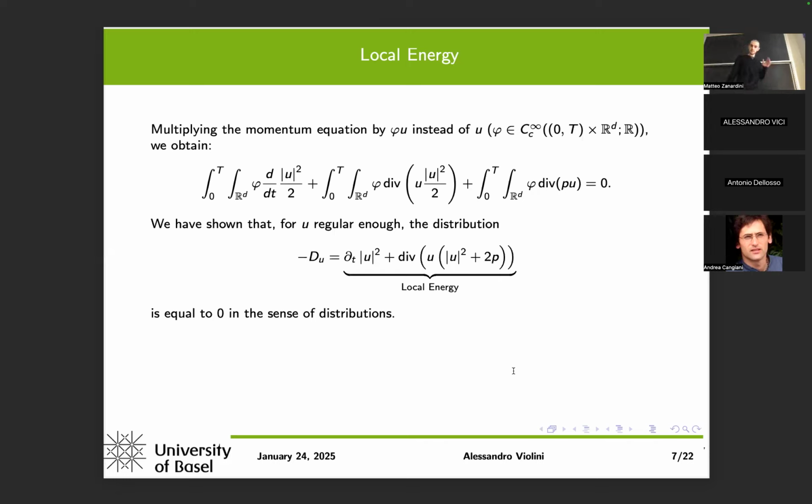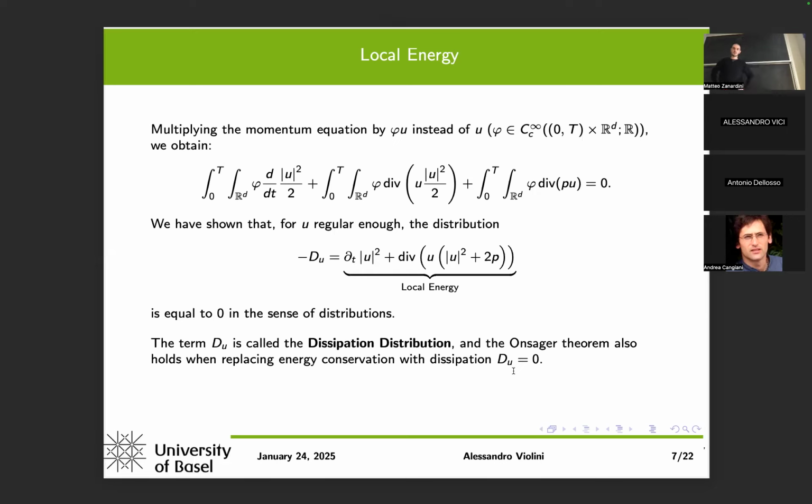And now with the same structure of local energy, you can state the Onsager theorem. So if U is alpha Hölder with alpha greater than 1/3, the dissipation is zero. And if alpha is strictly less than 1/3, you have dissipation. So what is the advantage of this dissipation?